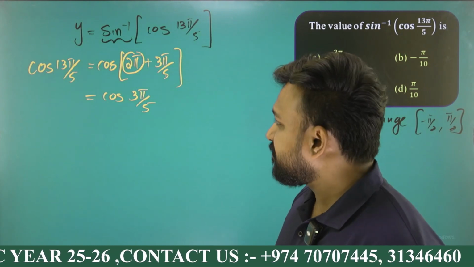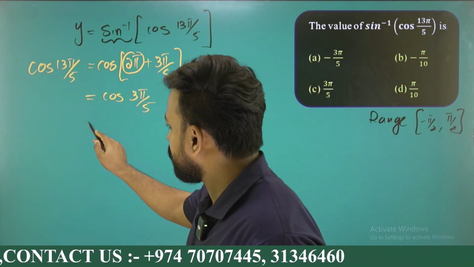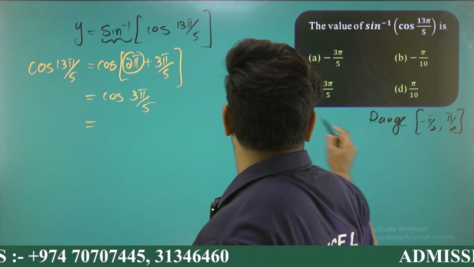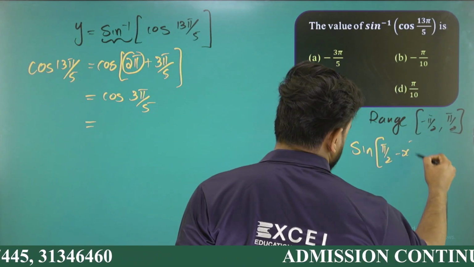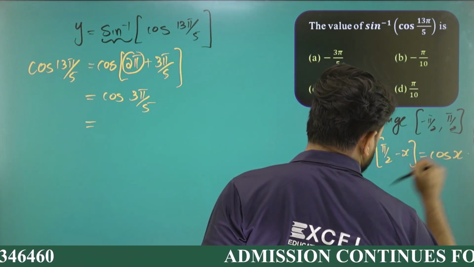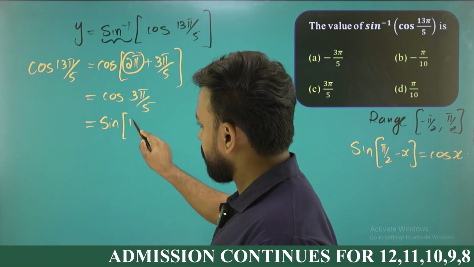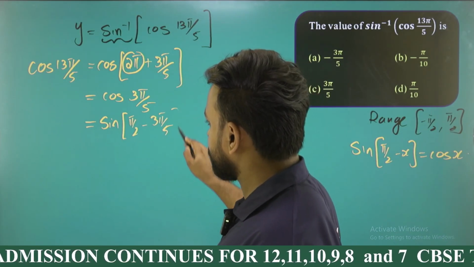But we have to convert this cos into sine. How can we do that? We have the identity: sine of pi by 2 minus x is cos x. So you can write it as sine of pi by 2 minus 3 pi by 5.